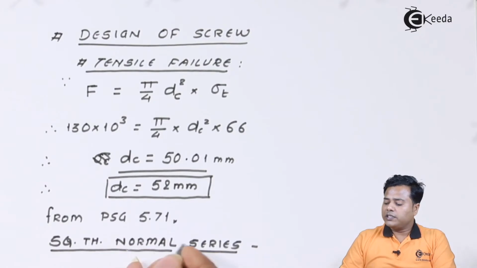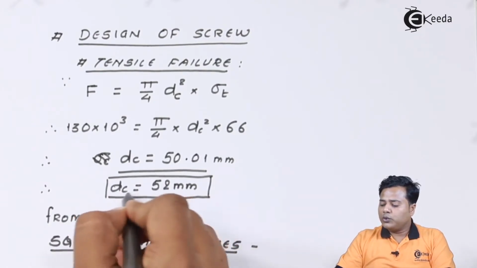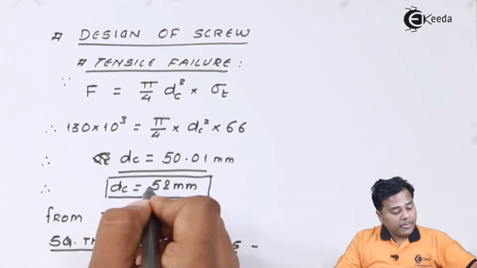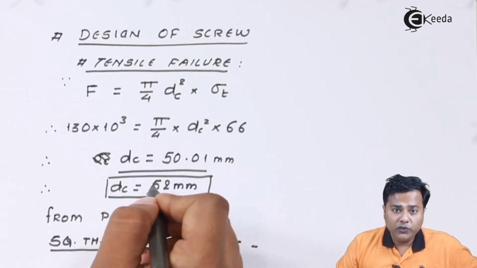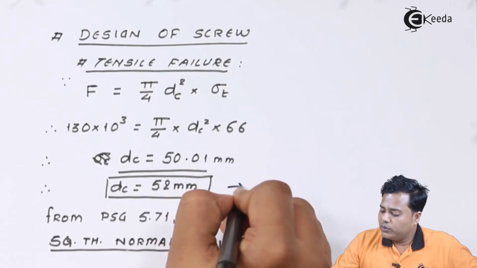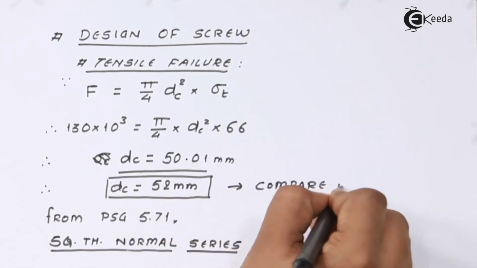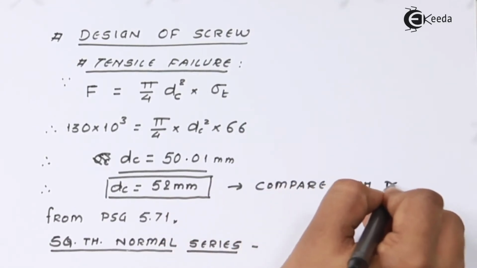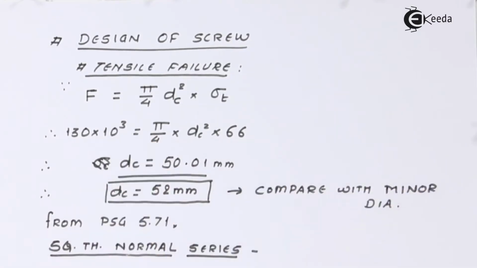So considering this normal series, let us match this core diameter value with the minor diameter value. We know that the core diameter value is equal to the minor diameter. So compare with the minor diameter.